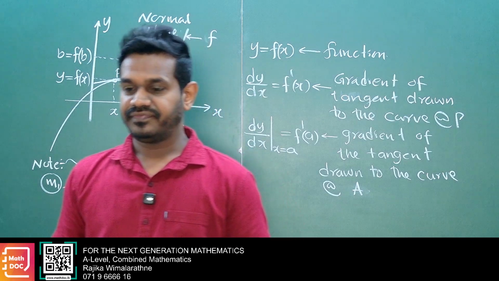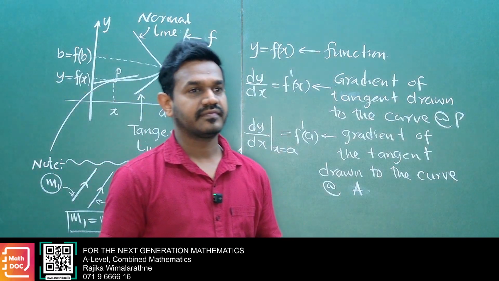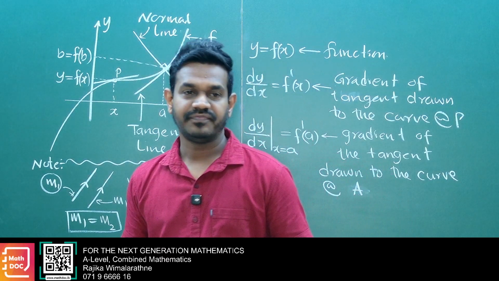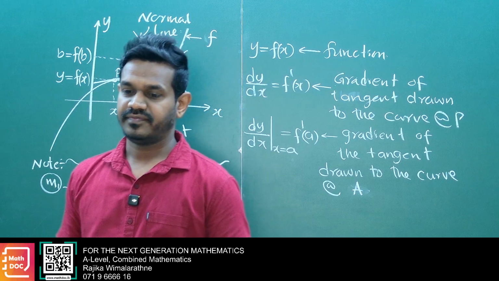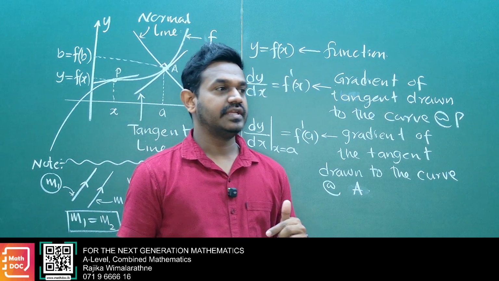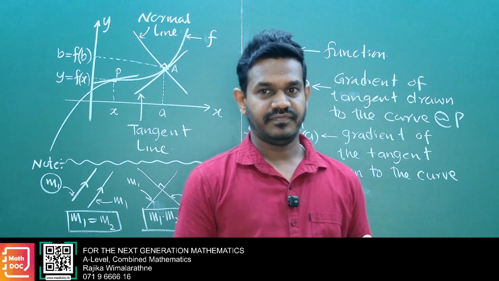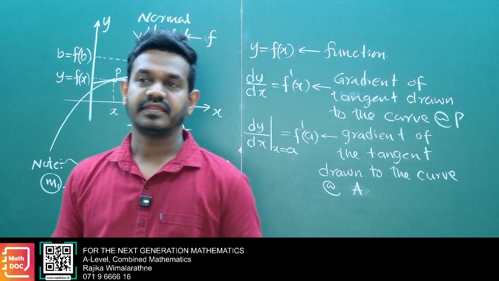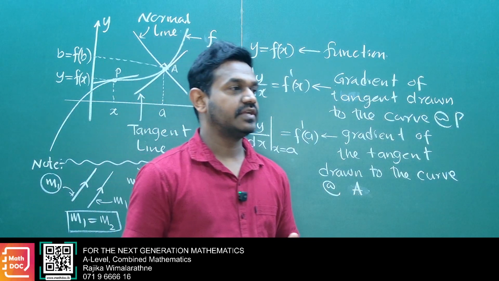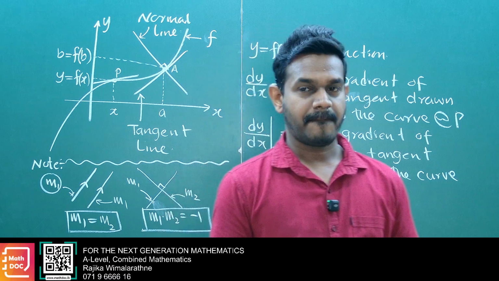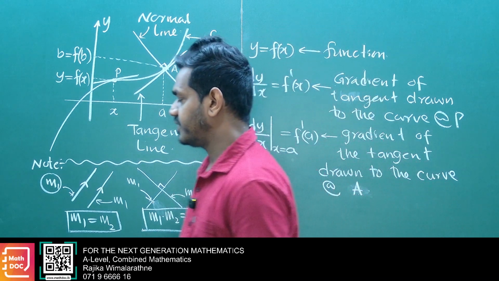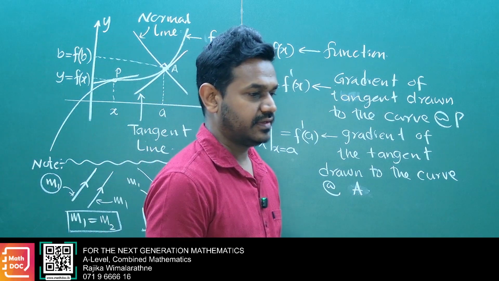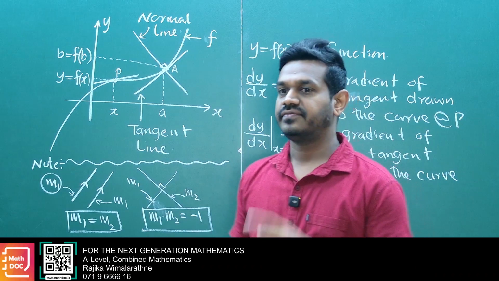And capital A within brackets a comma b is a fixed point on the curve. Next line, we star mark right now.